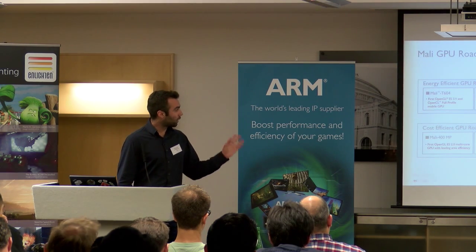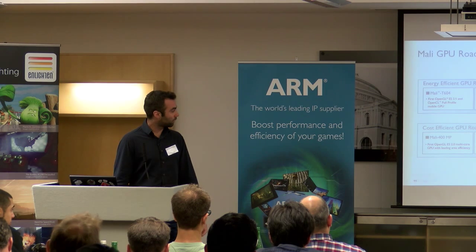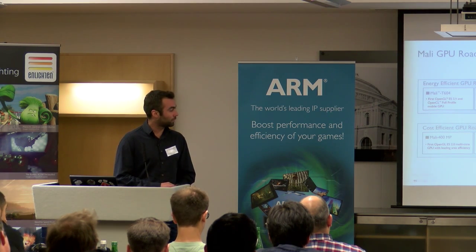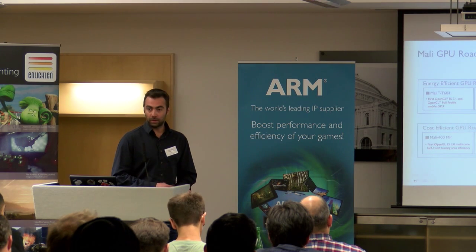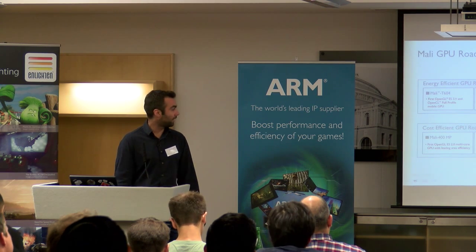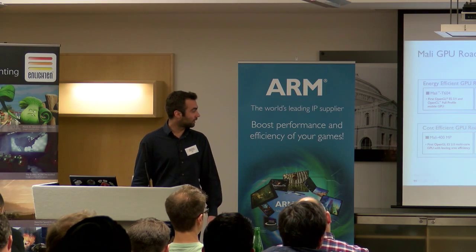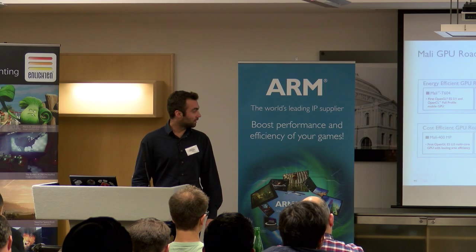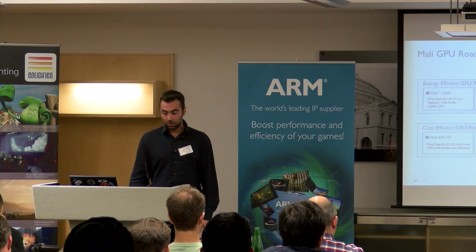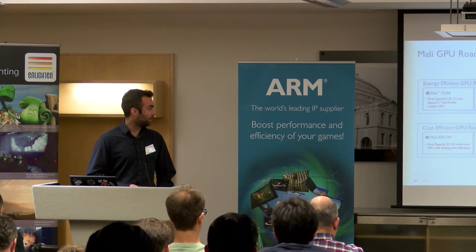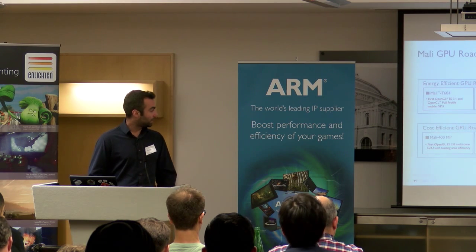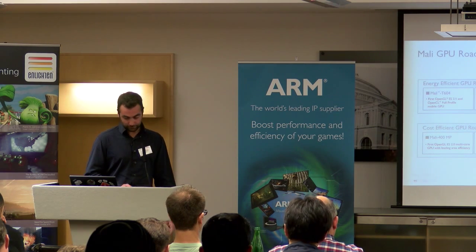And then we are going again to the Midgard architecture, so T622, which is the first cost-efficient GPU supporting GLES 3.1 and OpenCL full profile. And the last product in the cost-efficient generation is Mali T720, which has been optimized for area and low time to market as well.